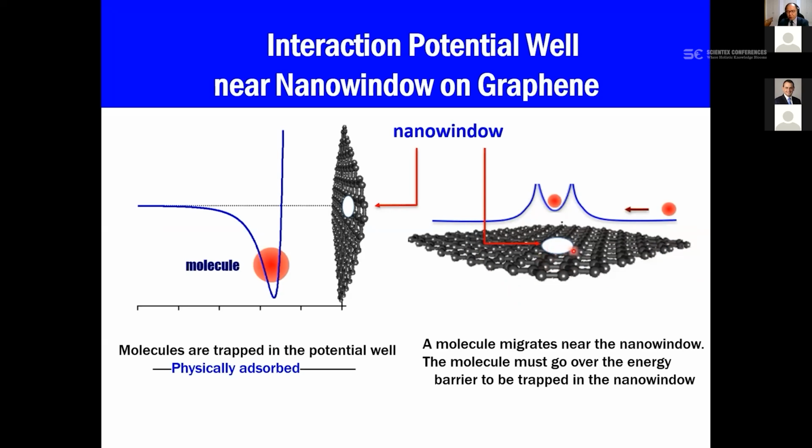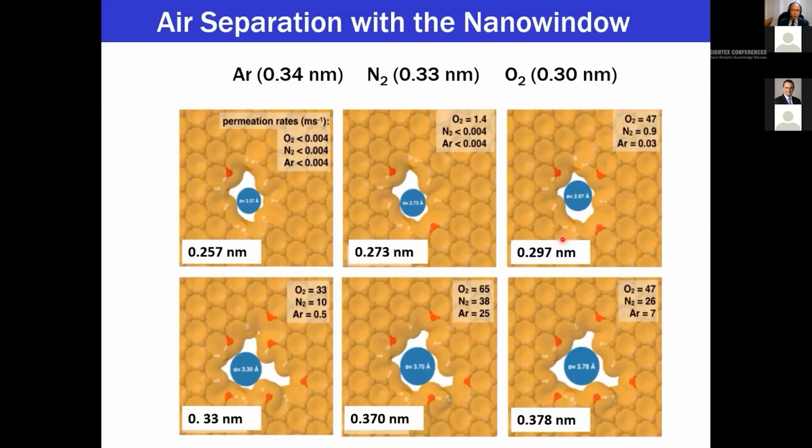The graphene, of course, has no carbon structure, so the interaction potential with the molecules is not so high on the planes. Then molecules come from here, and must conquer this energy barrier to be accepted or trapped by these nano windows. So it is very different from nanopores.